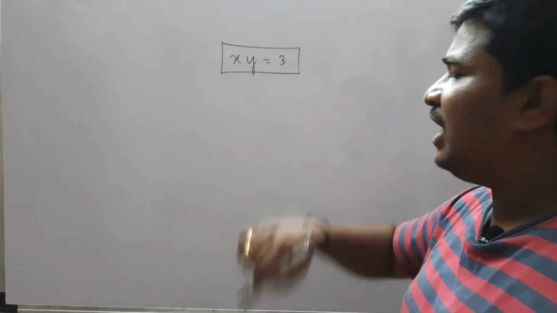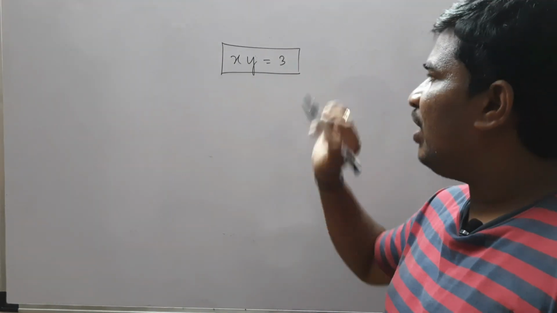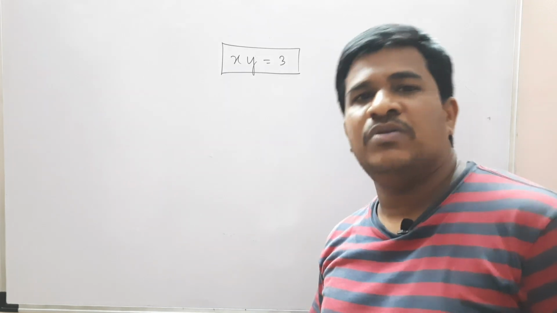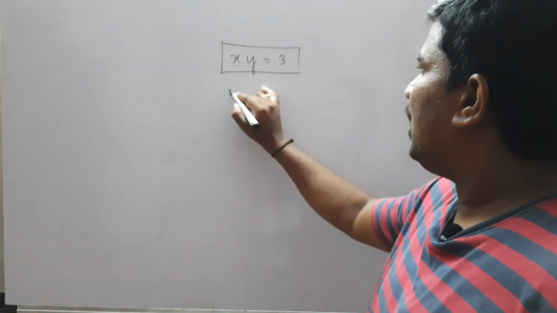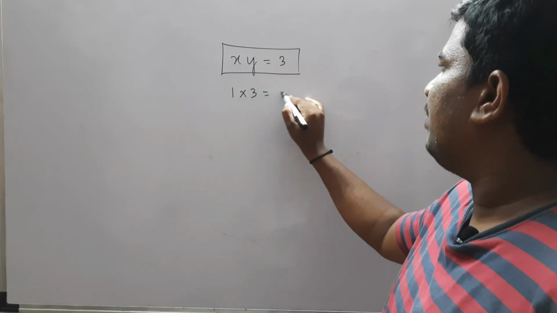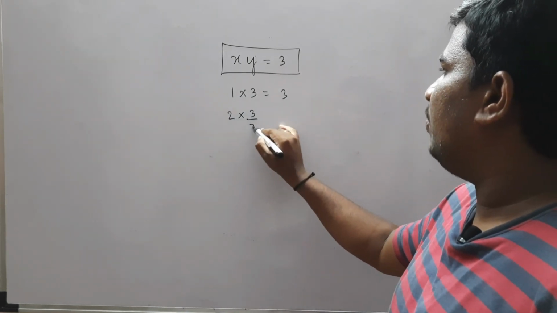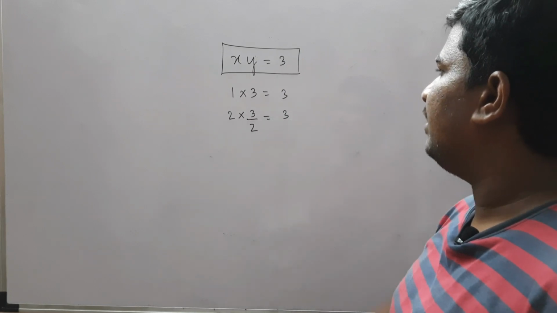So when I take xy equal to 3, the product of x and y must always be equal to 3. If I take x as 1, y must be 3, so that the product will be 3. If I take x as 2, y must be 3 by 2, so that the product is still 3.